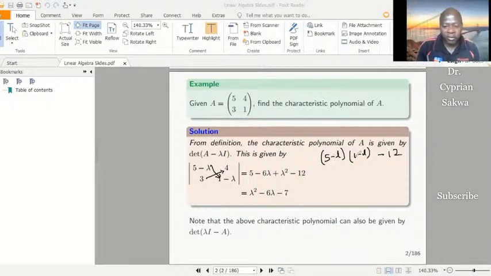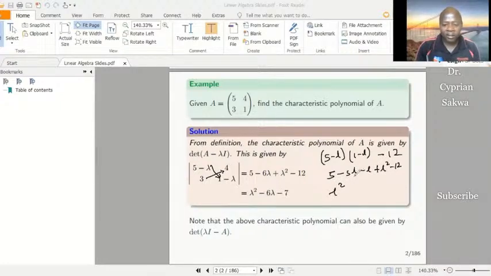So 5 times 1 would be 5, 5 times negative lambda would be negative 5 lambda, negative lambda times 1 would be negative lambda, and negative lambda times negative lambda would be lambda squared. Then there's a minus 12 here.